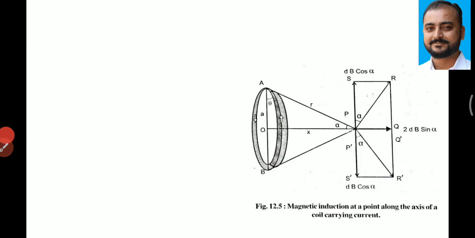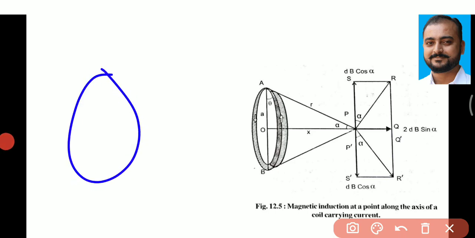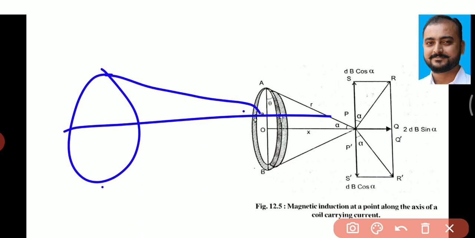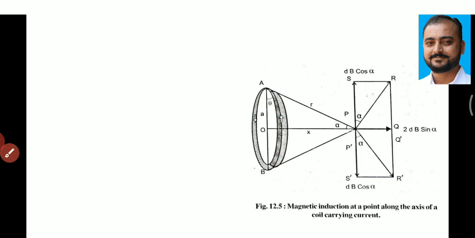This is a current carrying circular loop, this is the axis, this is the point P, this is the line joining, and this is the magnetic field dB, its perpendicular component, and its parallel component to the z axis. Simple. This figure simplifies the topic. I hope you understood better.